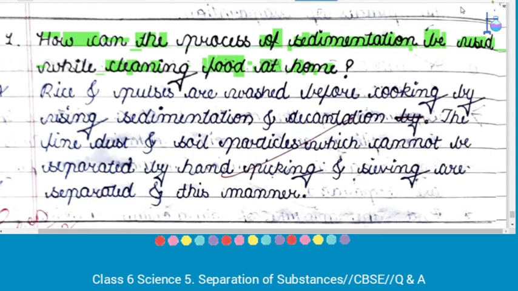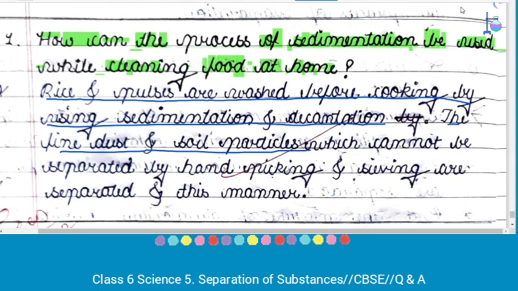Answer. Rice and pulses are washed before cooking by using sedimentation and decantation. The fine dust and soil particles, which cannot be separated by hand picking and sieving, are separated in this manner.